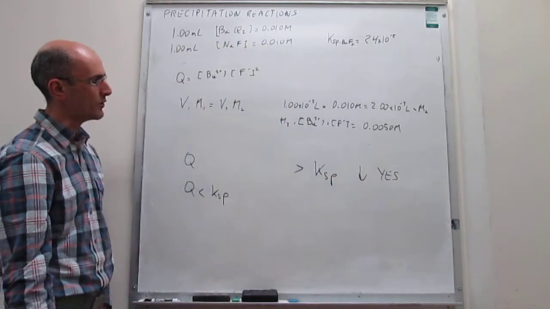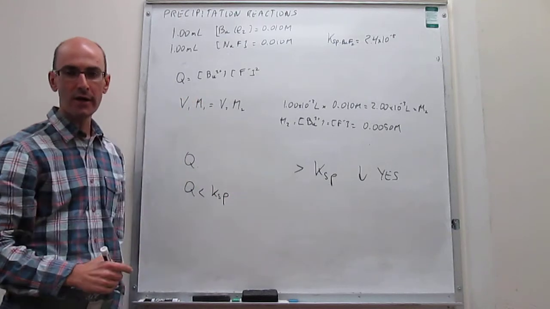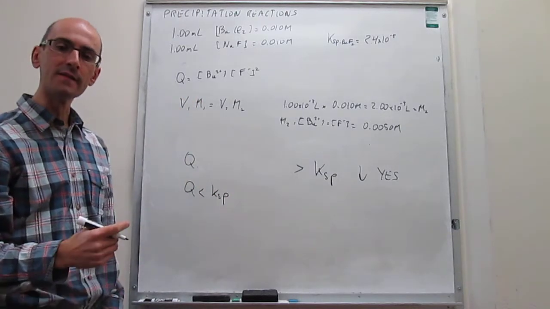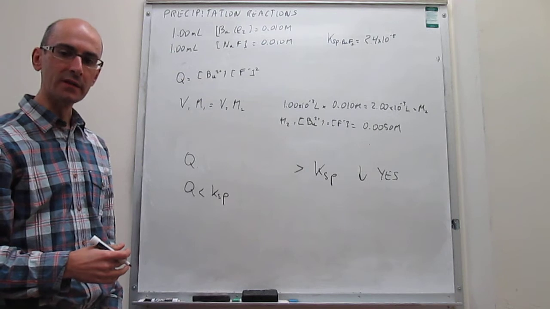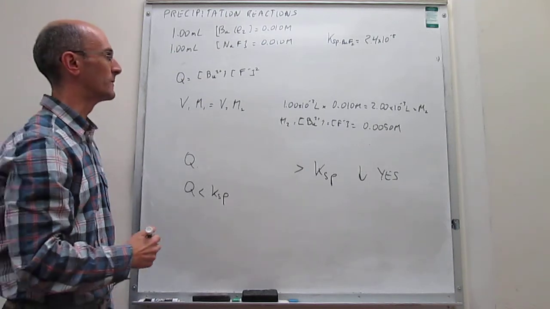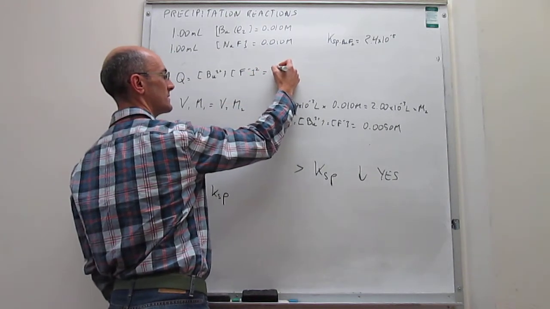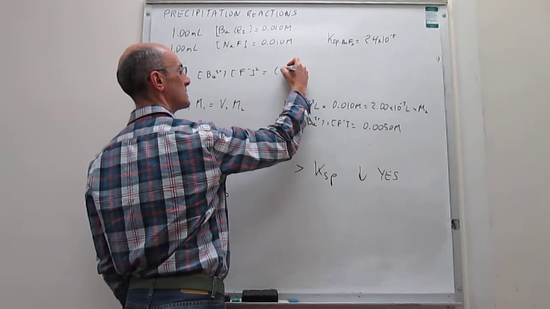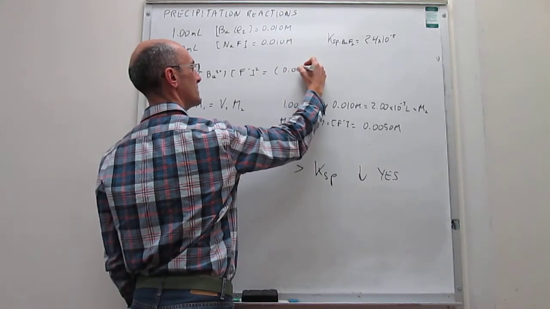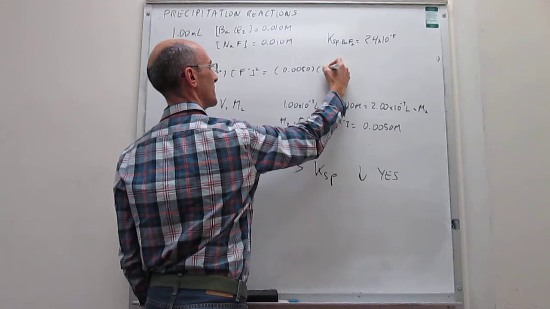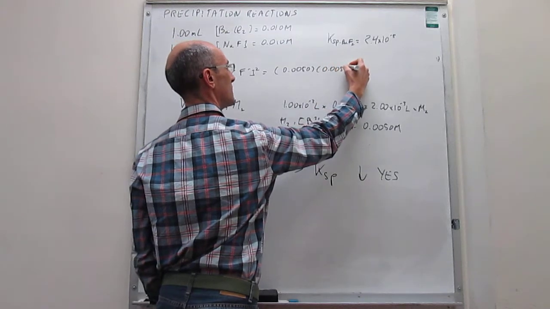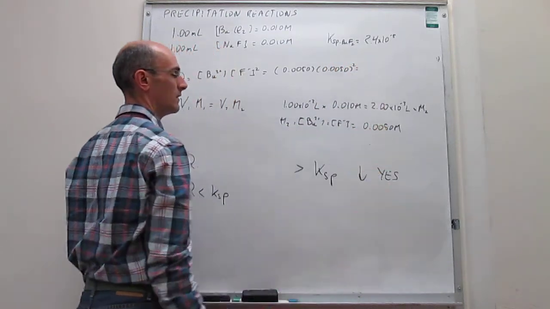Okay, so now we can come back here to the ionic product and calculate what the Q is, and then compare it to the solubility product and see if it's larger or smaller. So the way that you would do this is simply plug in those values: 0.0050 multiplied by 0.0050 squared.